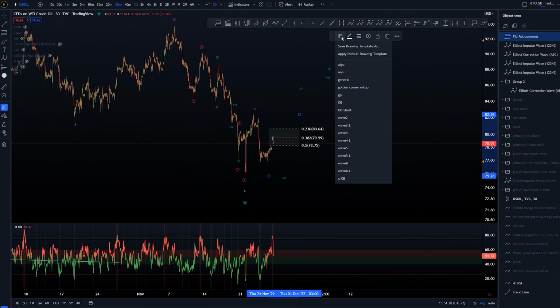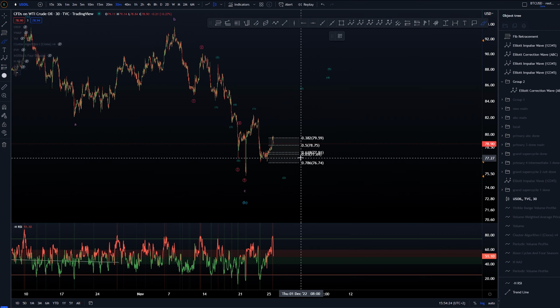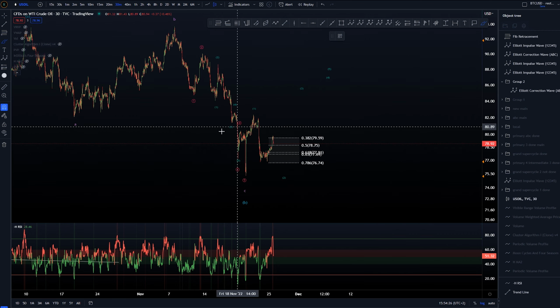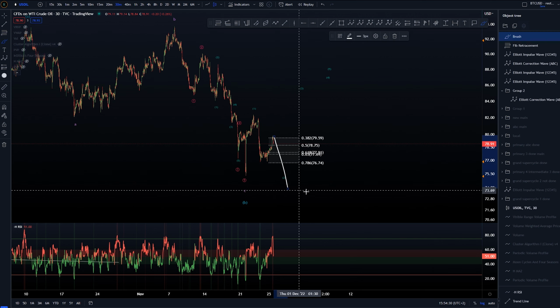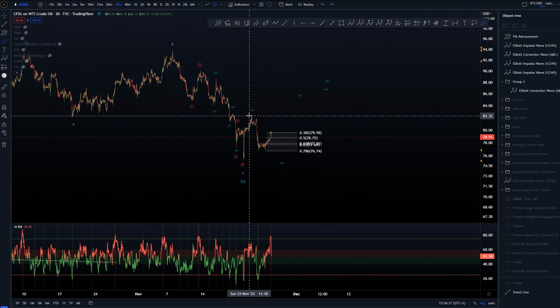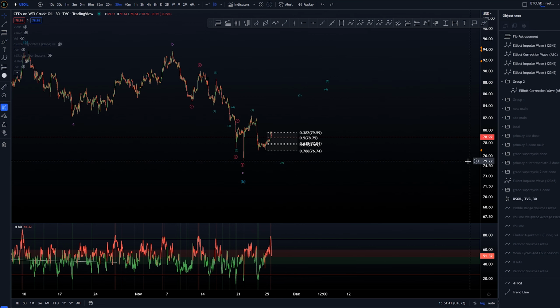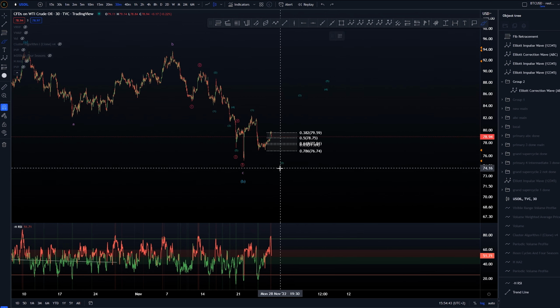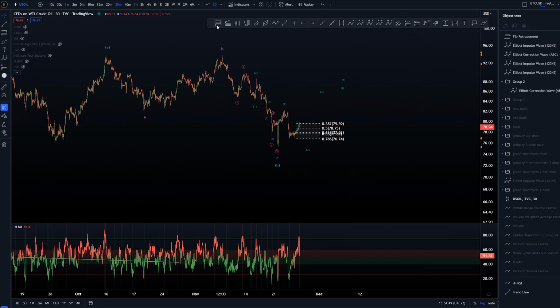We already went well past the golden pocket as well, to the 786, which is telling us that, okay, this is a bit weak, so there is definitely a possibility where this is just going to do this, and we are indeed going to get that other scenario I just mentioned, where we are looking for one more low, and this would be 1, 2, 3, 4, and 5, taking out this low, and then again I would be looking for another long setup to create this larger ABC. So those are the two scenarios.